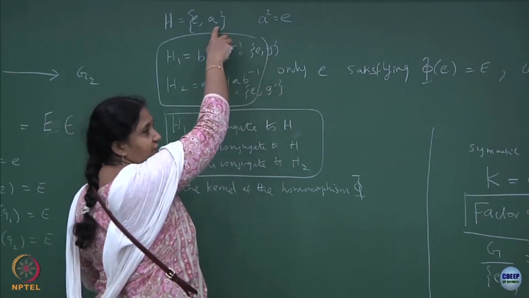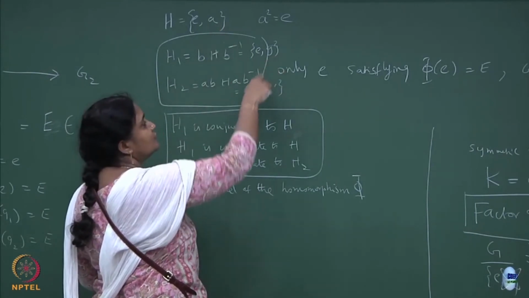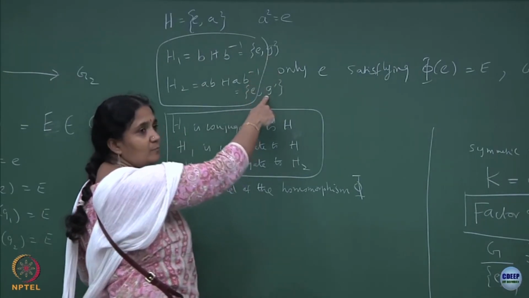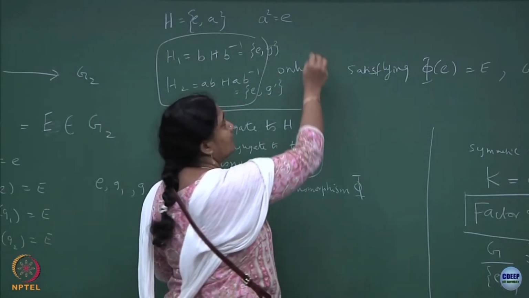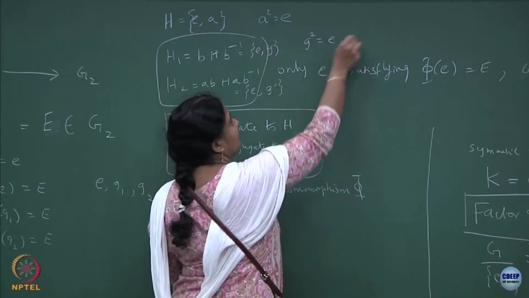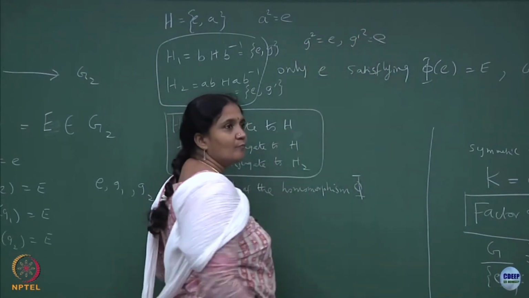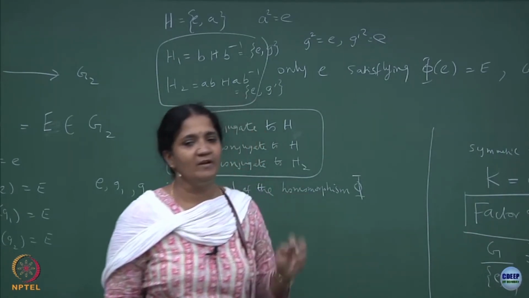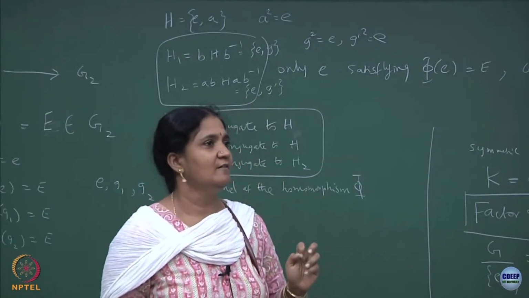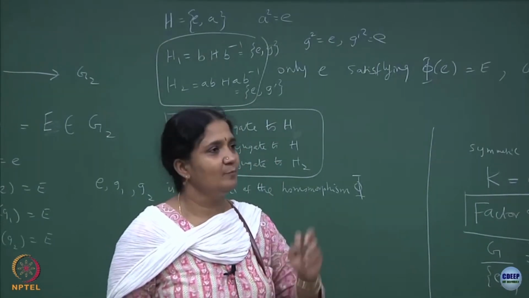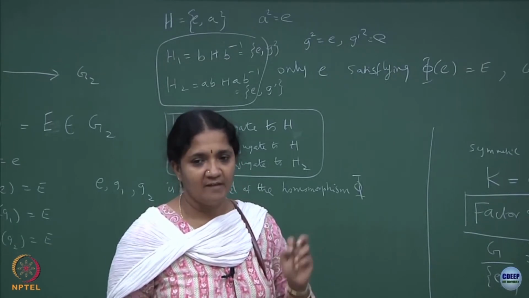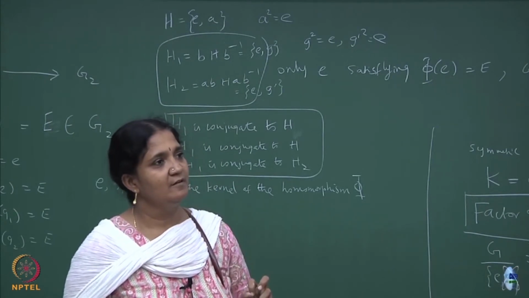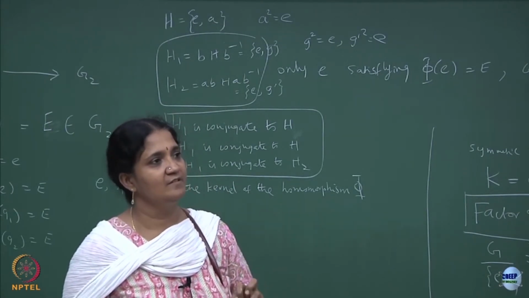G will be conjugate to A, G prime will also be conjugate to A. So, both G and G prime should also satisfy G squared equal to E, G prime squared equal to E. So, the order of G also will dictate; this also you can prove using this conjugation, but as of now let me just give it as a statement. If G has a certain order, then its conjugate elements will also have the same order.